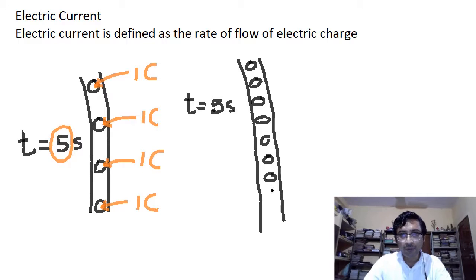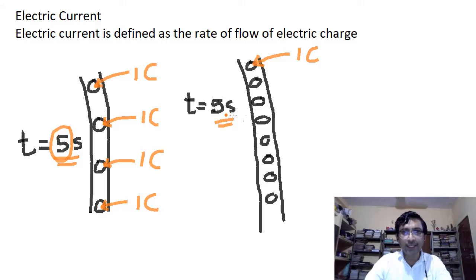This time we have more charges flowing through the wire in this given time. So suppose each of these charges has a magnitude equal to 1 coulomb, then we have a total of 1, 2, 3, 4, 5, 6, 7, 8 coulombs of charge flowing through the wire in the same amount of time, that is 5 seconds.